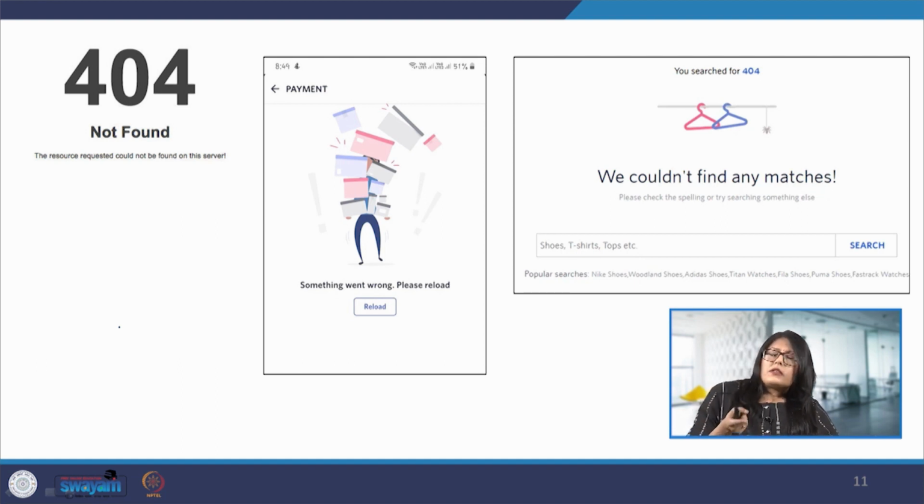We have seen this in the previous lecture also, one example, and here also we can see that this particular shopping app, when a user is searching for something, is saying something went wrong, please reload, or we couldn't find any matches. So with the help of the text and the visual graphics, it is informing the user that it is not their fault.